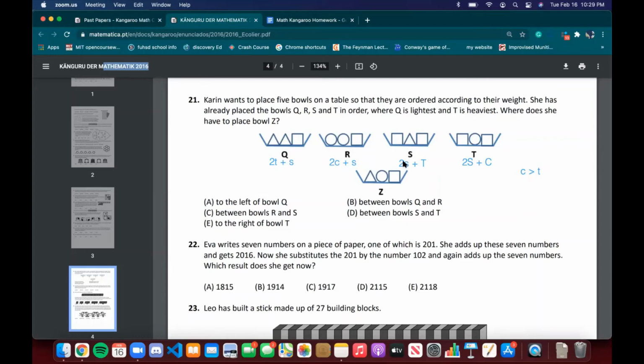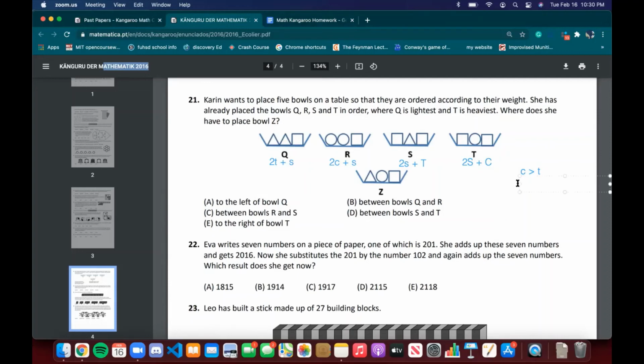Okay, so then we can go up to S and Q. Here we can just subtract. So S minus Q has to be greater than 0 because S is larger than Q. That means 2S plus T minus 2T plus S is equal to S minus T, which has to be greater than 0.